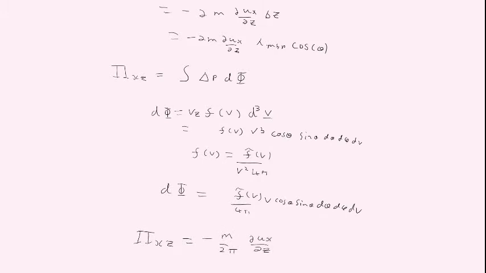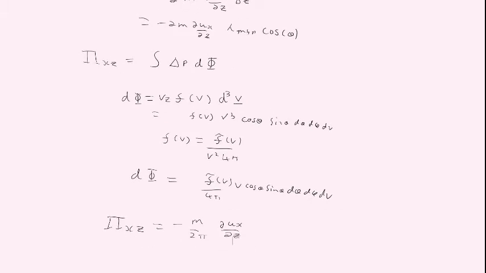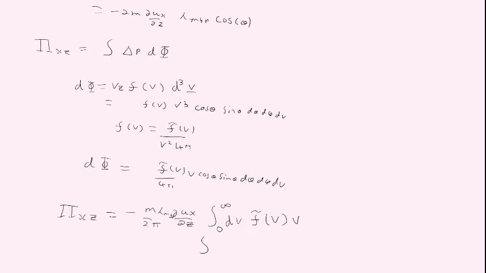Basically, we can assume we have a linear distribution of ux, and then we have the integral from 0 to infinity of dv, of the speed distribution times v, we always have a mean free path here. Okay, and then we integrate from 0 to pi over 2 of cos squared theta. We get a cos from up here, and this one down here, sine theta d theta, and 0 to 2 pi d phi.